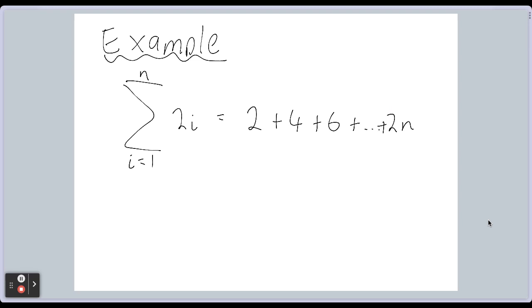Sigma always means sum. A difference could be made by just having a negative 2i. That would make negative 2, minus 4, minus 6, minus 8, etc., and so on. Does that make sense so far?